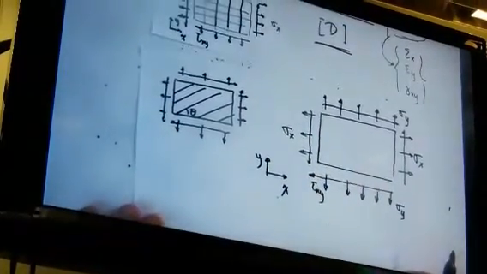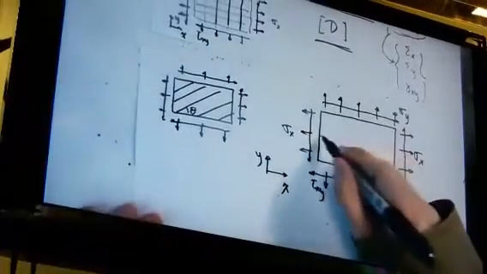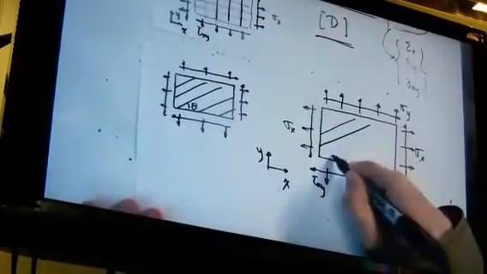This is the stress acting on these composites along the x and y directions.